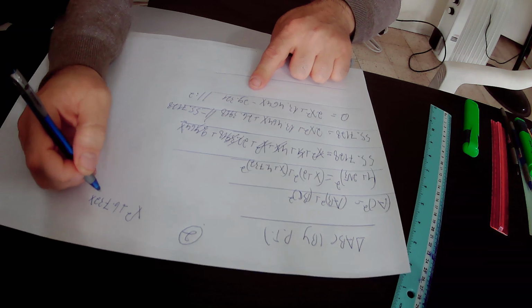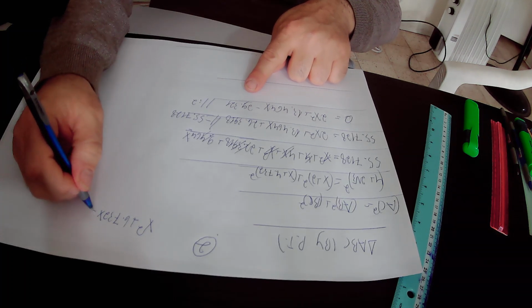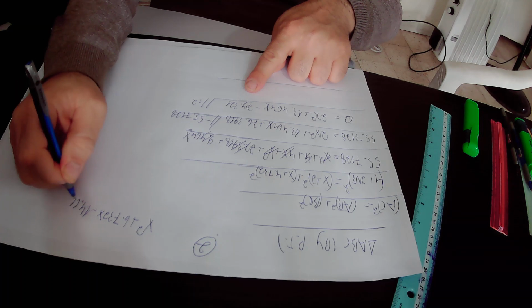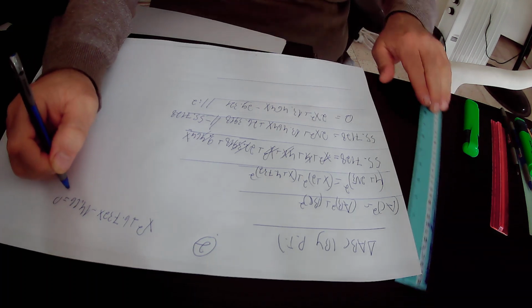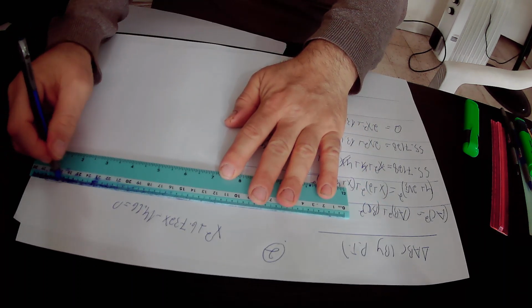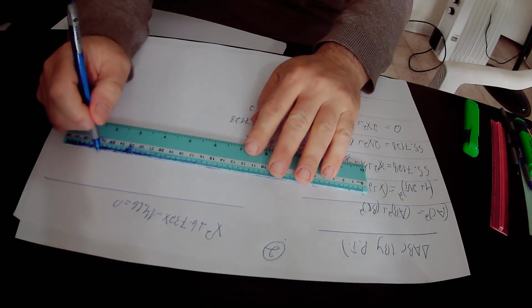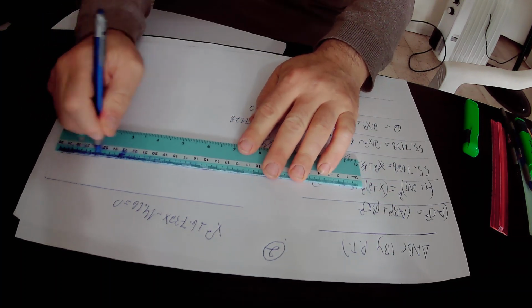And finally we have minus 29.321 over 2, that is minus 14.66 equals 0. So, in conclusion, we found out that x squared plus 6.732x minus 14.66 equals 0.